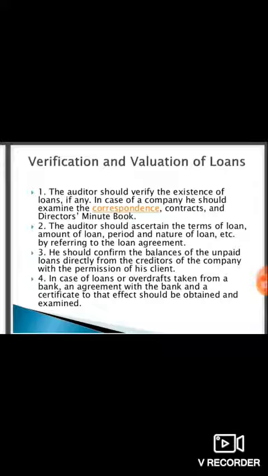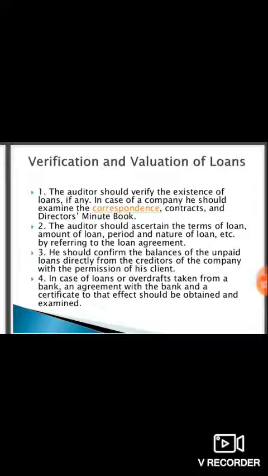And the auditor should confirm the balance of the unpaid loans directly from the creditors of the company with the permission of his client, that means company. So if there are any unpaid loans, taking the confirmation from the creditor is a better thing for the auditor to know the loan amounts which are unpaid by the client, that means company.